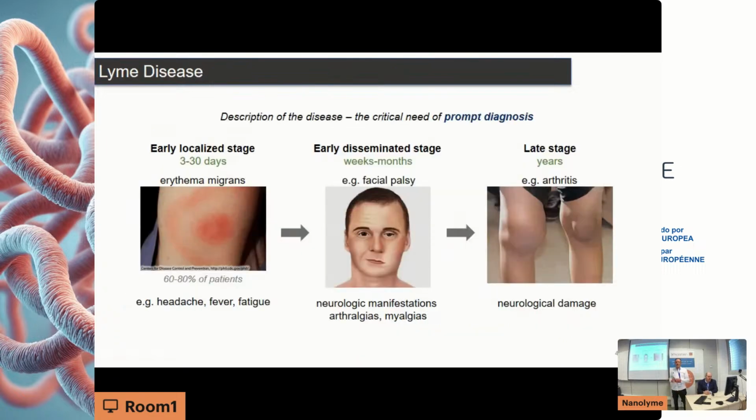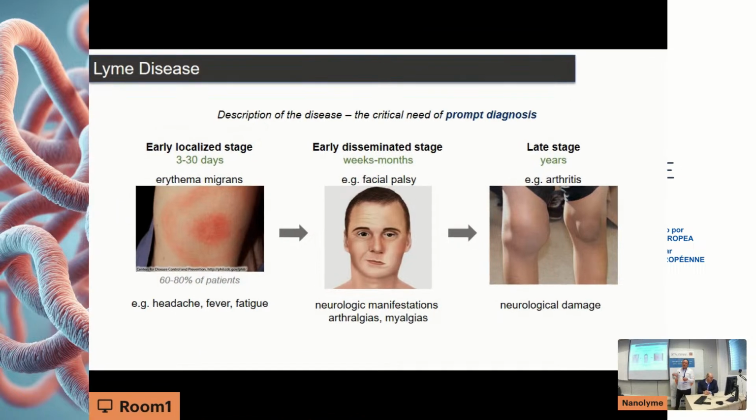I know that Raouf Gotzi will explain to you from a medical point of view what Lyme disease is, but one of the first symptoms is the occurrence of erythema migrans. That's a good indicator, but it is not systematic.